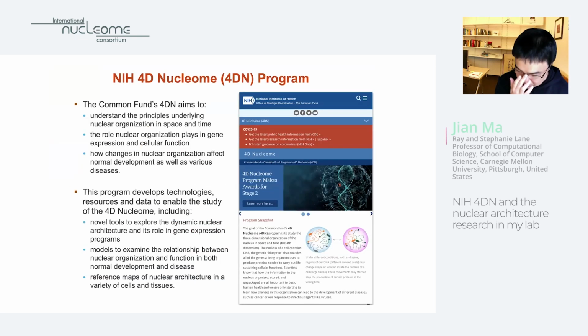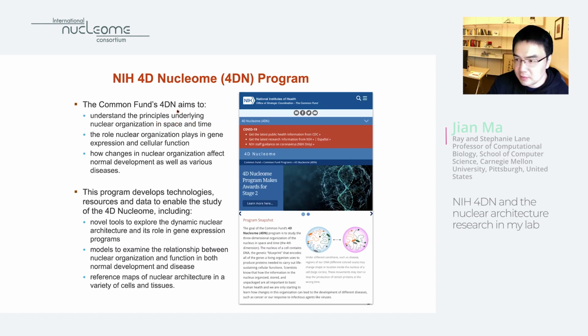The NIH 4D nucleome project started over 5 years ago, in 2015, and is funded through a Common Fund of the NIH. The aim is to understand the principles underlying nuclear organization in space and time.